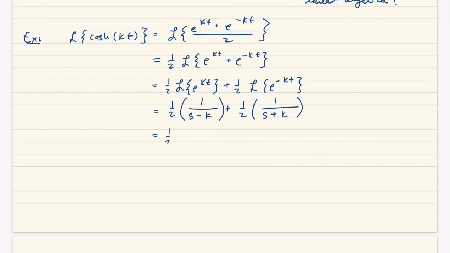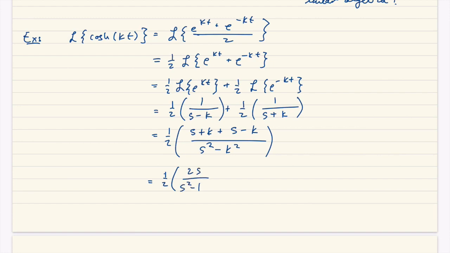So I'm going to do this all in one step. Combine the fractions, so that'll give us s plus k plus s minus k all over s squared minus k squared. And it turns out that this is going to give us 1/2 of 2s over s squared minus k squared, which is s over s squared minus k squared.